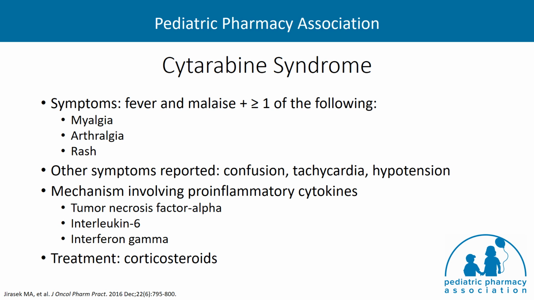As a result, treatment with corticosteroids has been found to be efficacious within the literature, and there is also literature out there for the use of corticosteroid as a secondary prevention for this syndrome in patients who require additional cytarabine doses.